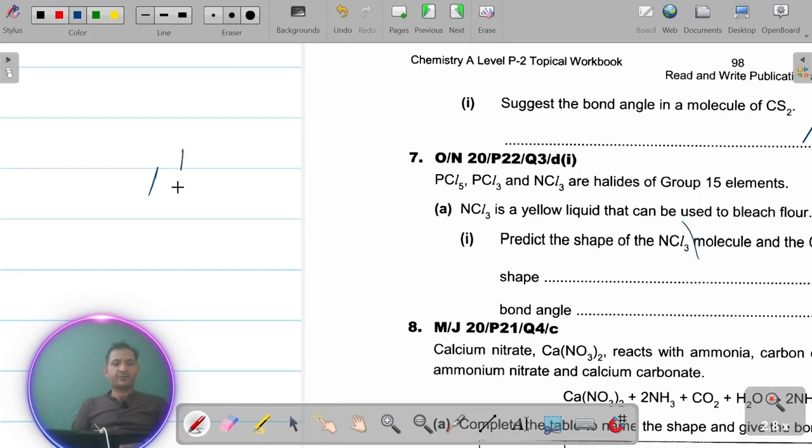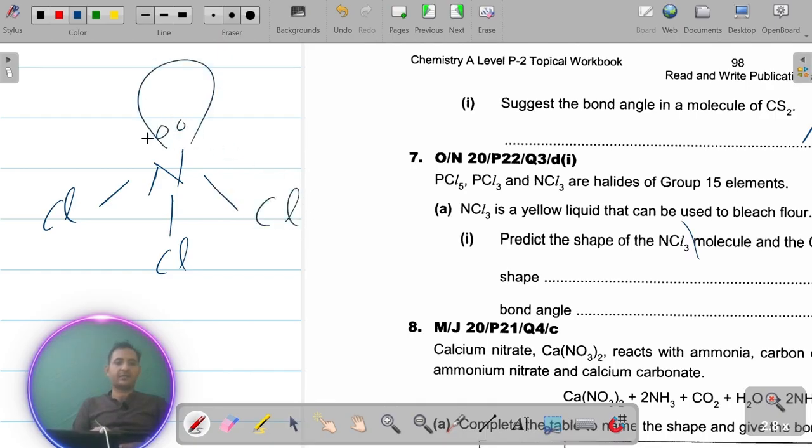We have nitrogen and three chlorines, and there is a lone pair of electrons on the nitrogen repelling the bond pairs. Similar to ammonia, NH3, the bond angle is 107 and the shape is pyramidal.